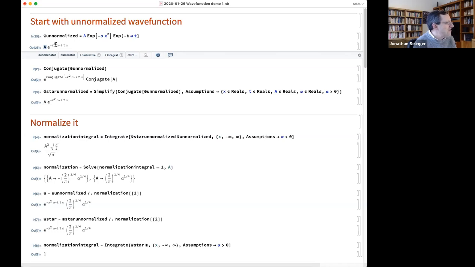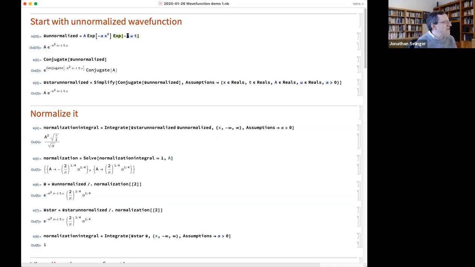So it's minus x squared times alpha, and then minus i t omega. That's just what I typed in, with the factors rearranged. The I, by the way, that Mathematica recognizes as the square root of -1 is a special I. That's not just the I that you get by typing I on the keyboard.